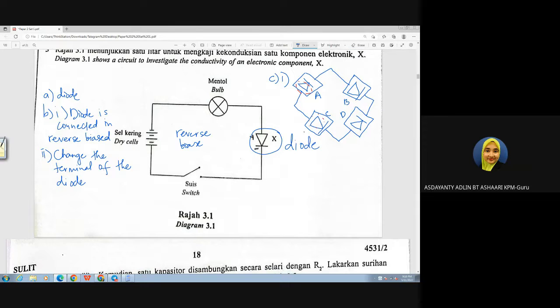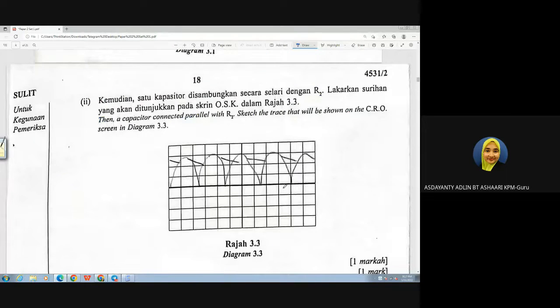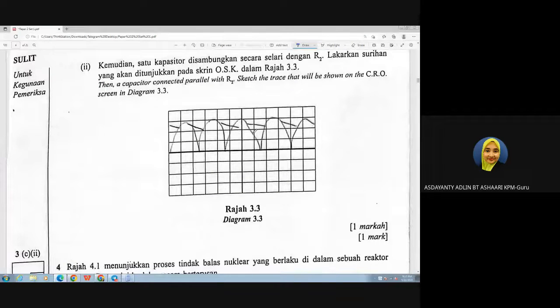Okay, sambung. Okay, number 2, we have to trace what is the pattern of the full wave rectification. Okay, so for full wave rectification, saya dah scan ni. Okay, so ni pattern dia. So dia ada, awak ambil dekat 3, dia punya height tu 3 kan.